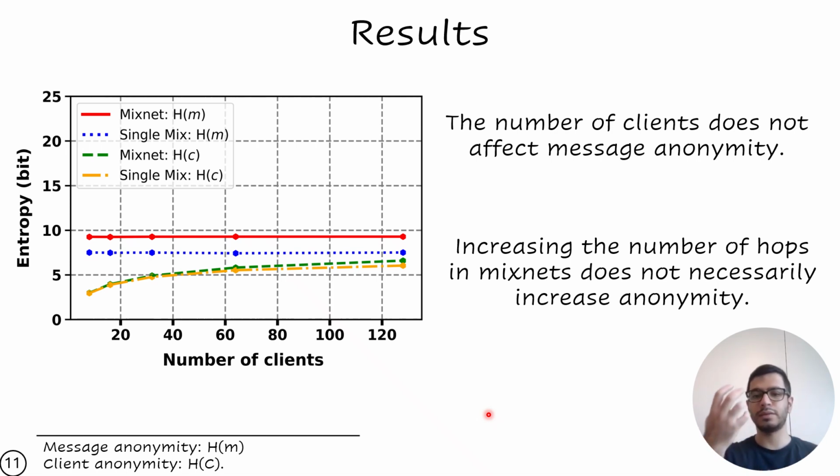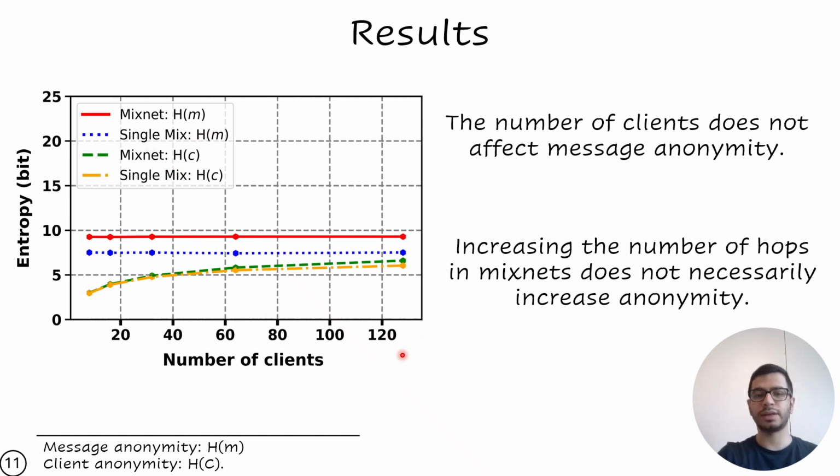The first setting is where there is only one mixed node that clients forward their messages to, with the hope of having anonymous communication. And another setting is a mixed network where we have 3 layers of mixed nodes, and each message will go through 3 mixed nodes.